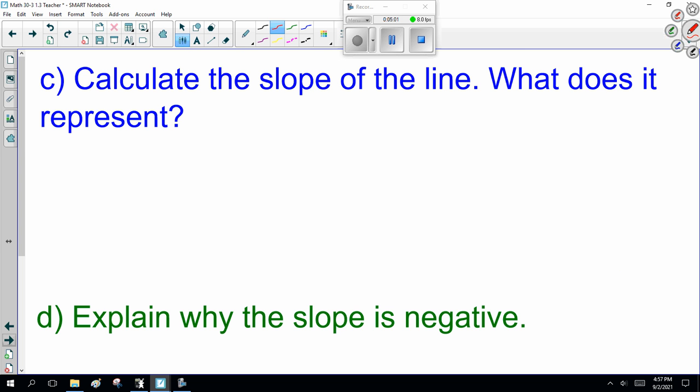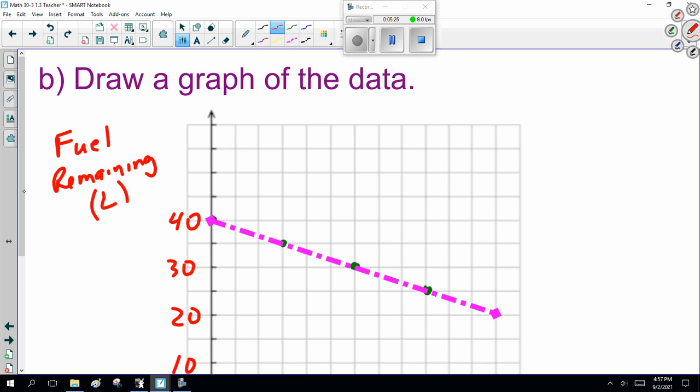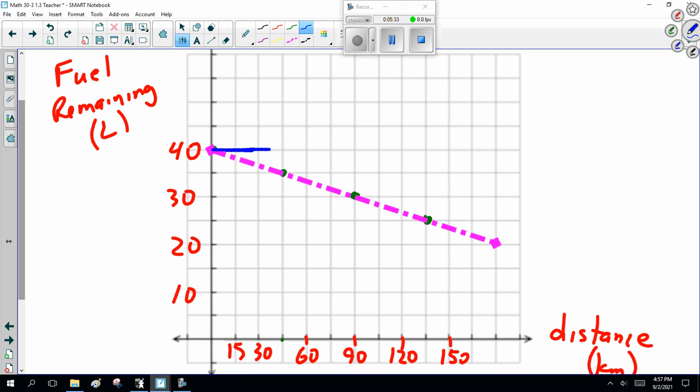So calculate the slope of the line. Well, I can tell you what it is. She drives 9 kilometers, and it costs her 1 liter of fuel. No, actually, I should show that to you. Slope, rise over run. This is easy to calculate.